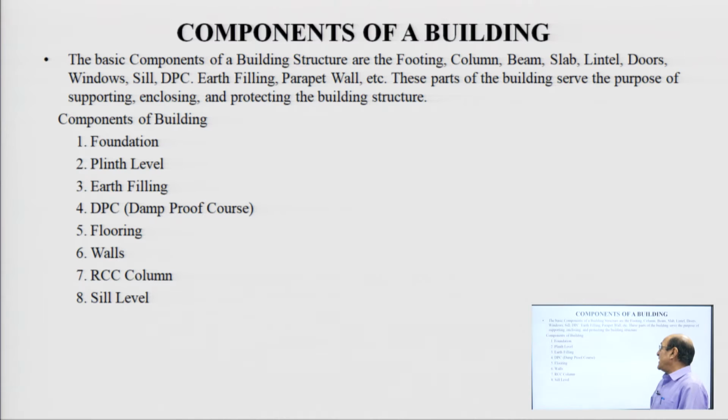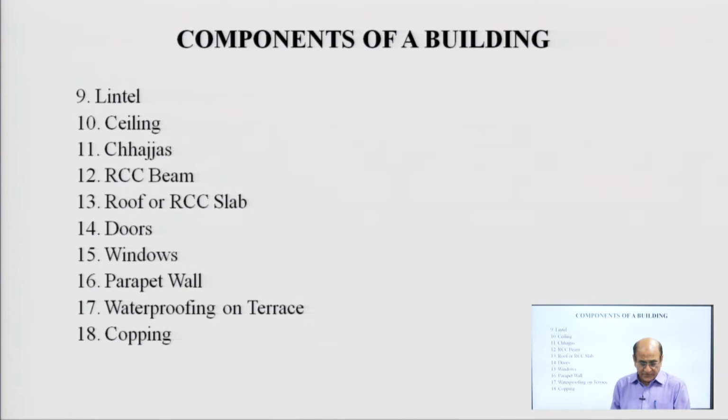The components of building: foundation, plinth level, earth filling, DPC, flooring, walls, RCC column, sill level, lintel, ceiling, chhajja, RCC beam, roof or RCC slab, doors, window, parapet walls, waterproofing on terrace, coping.